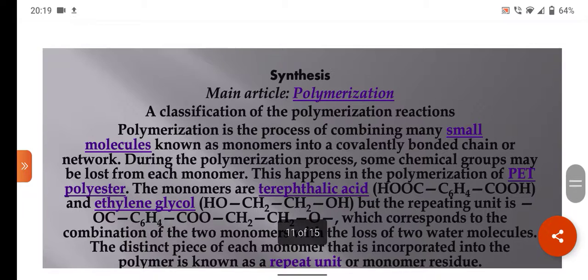Synthesis. Main article: Polymerization, a classification of the polymerization reactions. Polymerization is the process of combining many small molecules known as monomers into a covalent bonded chain or network.